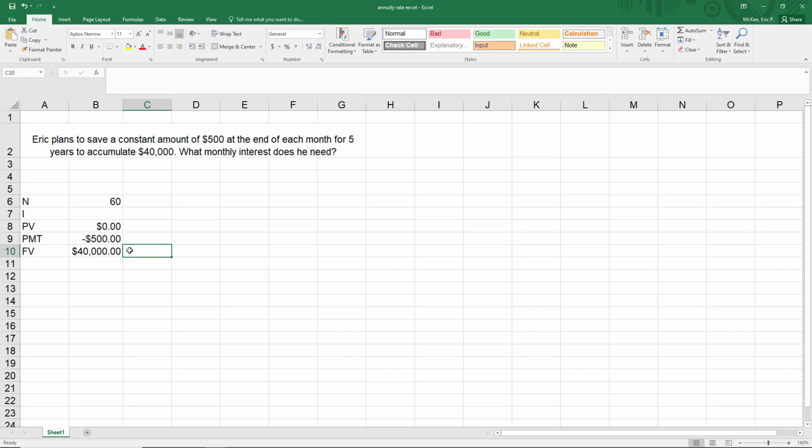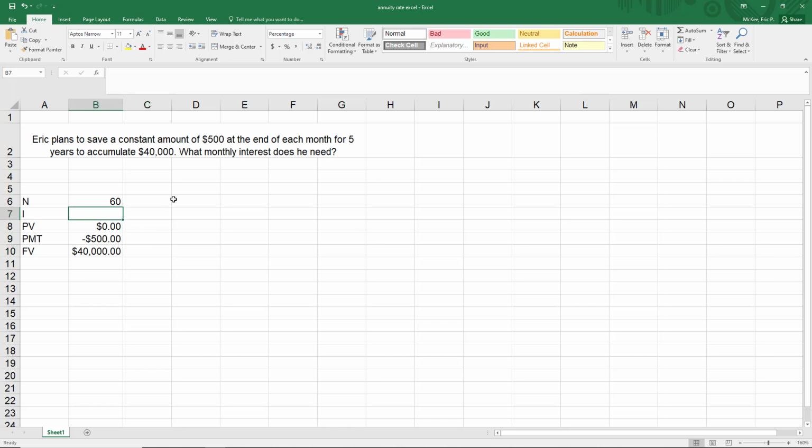We're going to consider it as cash going out and cash going in. If I didn't do this, you would either get an error message, which is good because then you know something is wrong, or you get a wrong number and you don't realize perhaps that there's a mistake, and then you get the question wrong and you lose points. But I've changed payment to be negative 500, so I won't make that error.